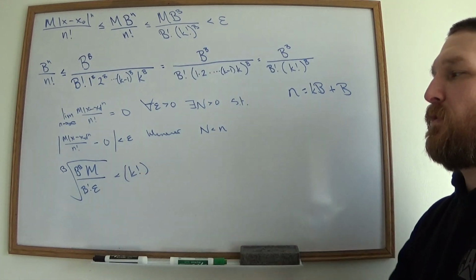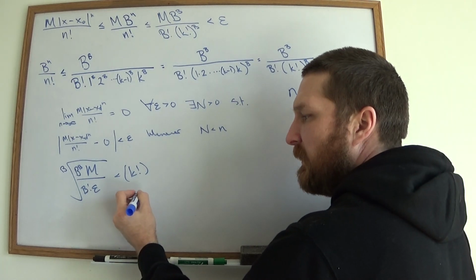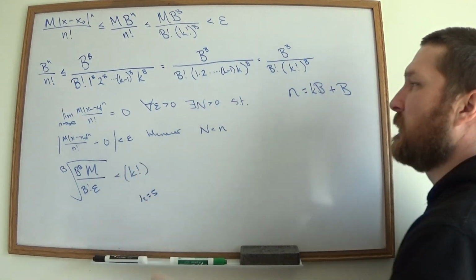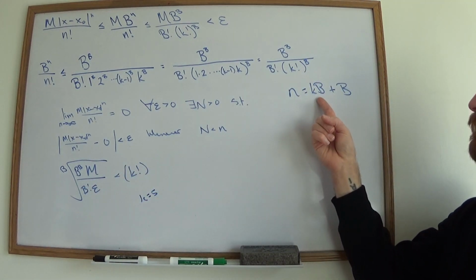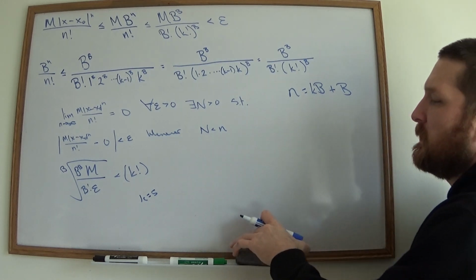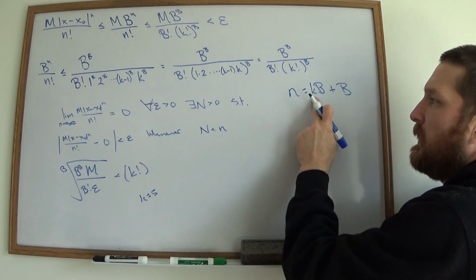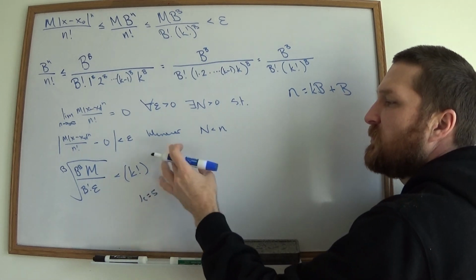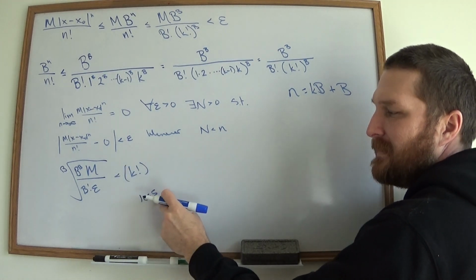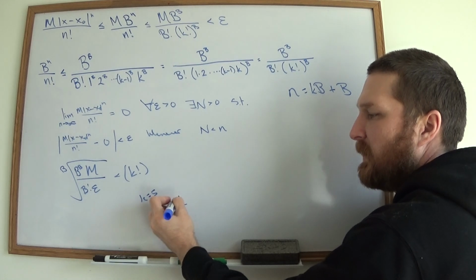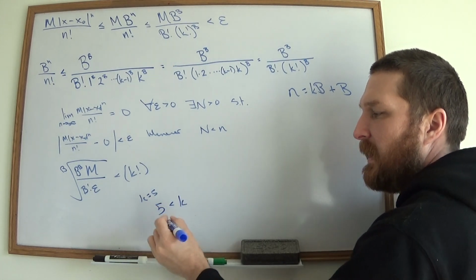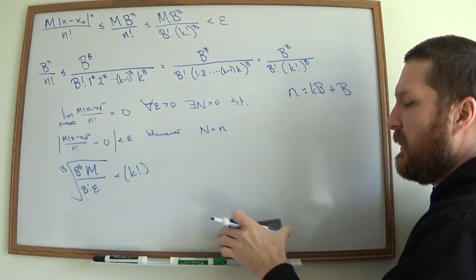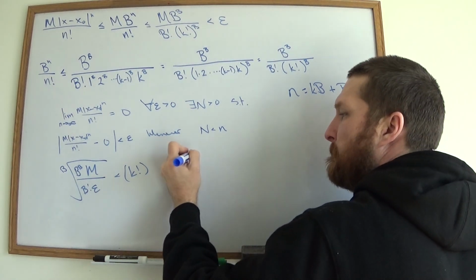So let's say that you found your k like we did a second ago. We found that when k equals 5, it's good to go. Well, okay, let's think about this. So we found our k. We said that there's some number, like in this case it happened to be 5, so we could say whenever k is bigger than 5. But we'll just call that number lowercase m.